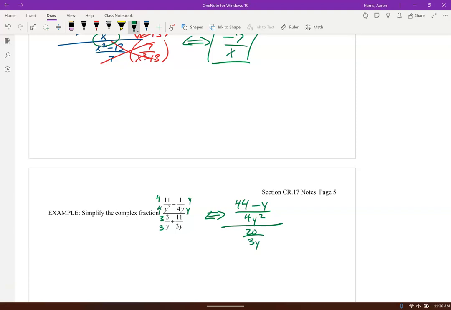So I do have a fraction over a fraction. We'll multiply by the reciprocal.